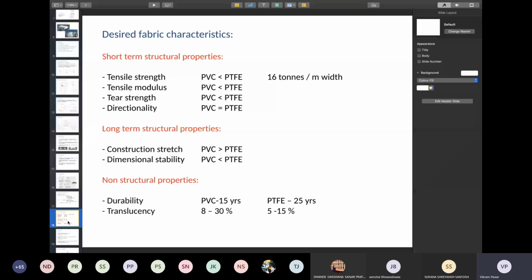Now, what are the characteristics which are desirable? You have short-term structural properties, long-term structural properties, and non-structural properties. For short-term, you want tensile strength. Now, in most of the cases, you will find PTFE. What is PTFE?